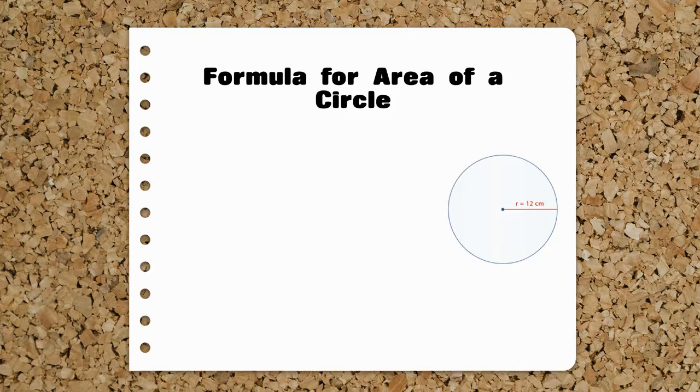Well, boys and girls, if you want to find the area of a circle, the formula is area is equal to pi r squared. Now I know some of you are wondering, what is pi? Pi is a ratio that we use when we want to find the area of a circle.